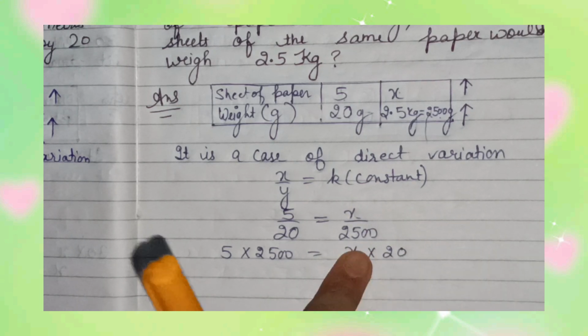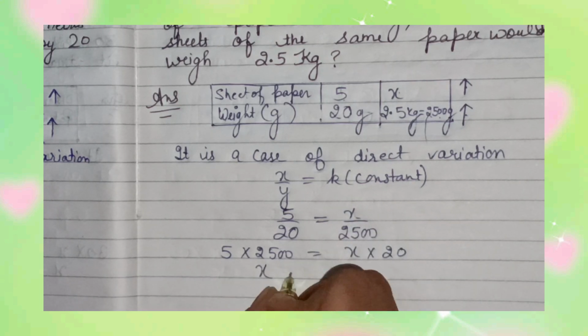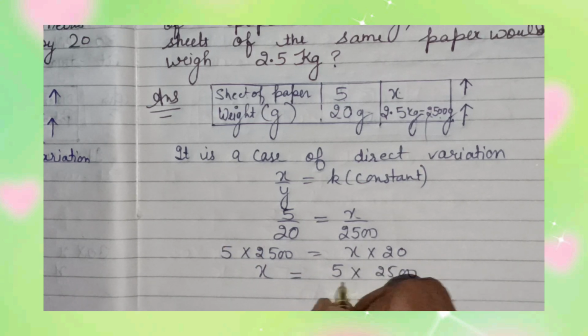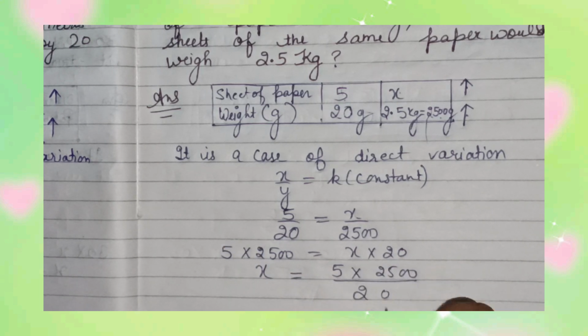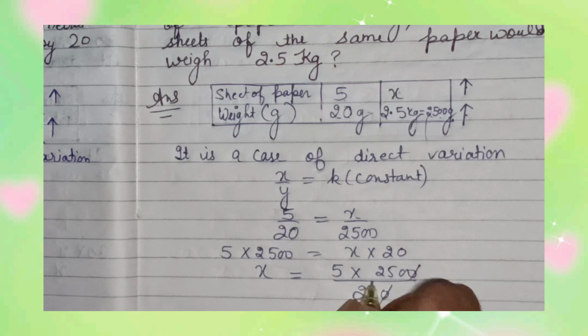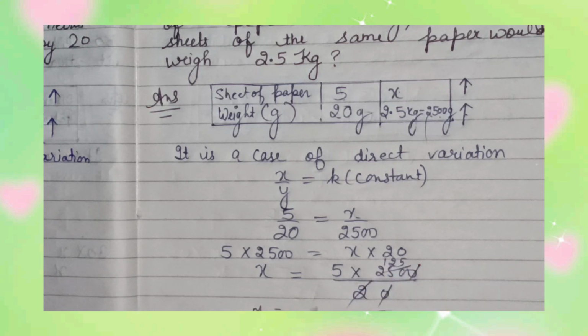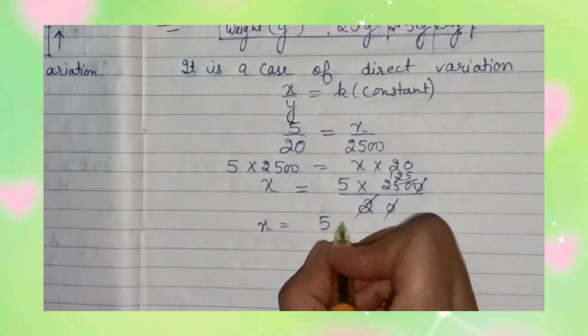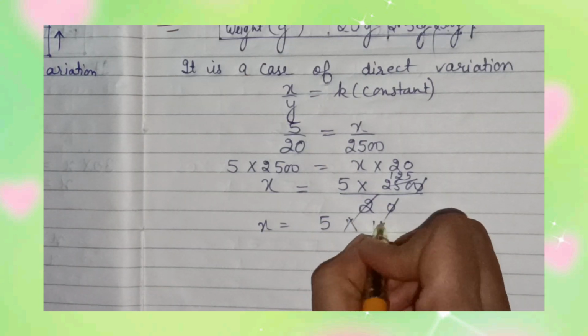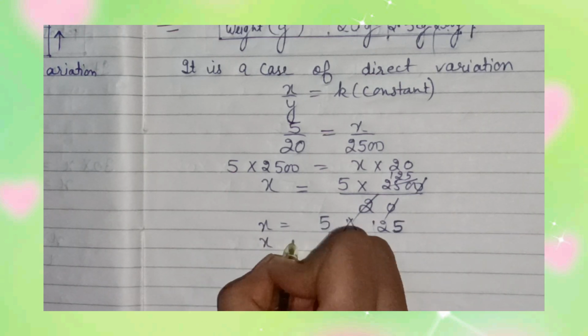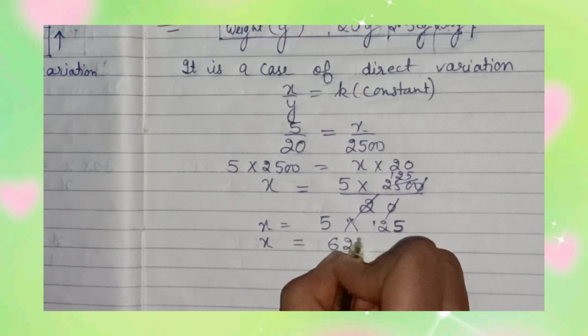Now I find the value of x: x is equal to 5 multiplied by 2500 upon 20. This 0 cancels this 0. 2 1s are 2, 2 2s are 4, 2 5s are 10, so x is equal to 5 multiplied by 125, and 5 multiplied by 125 is equal to 625.